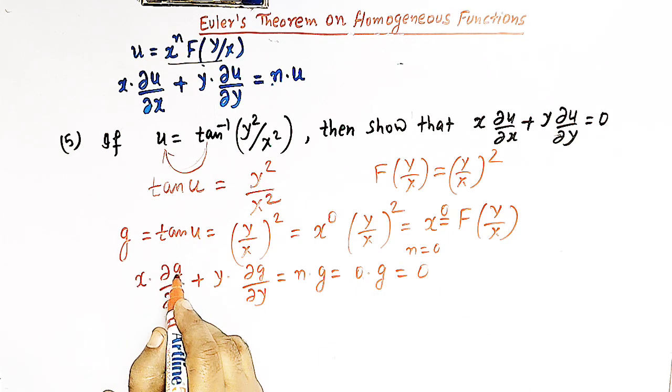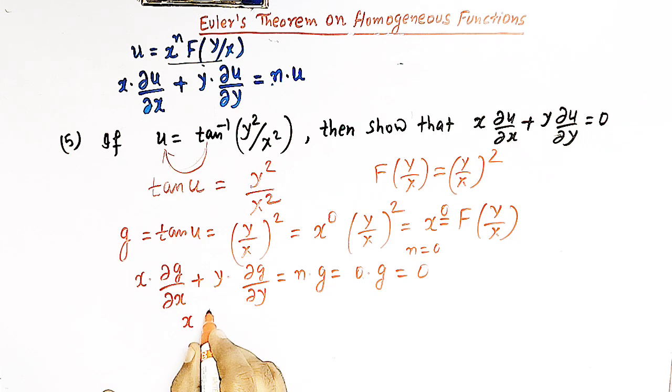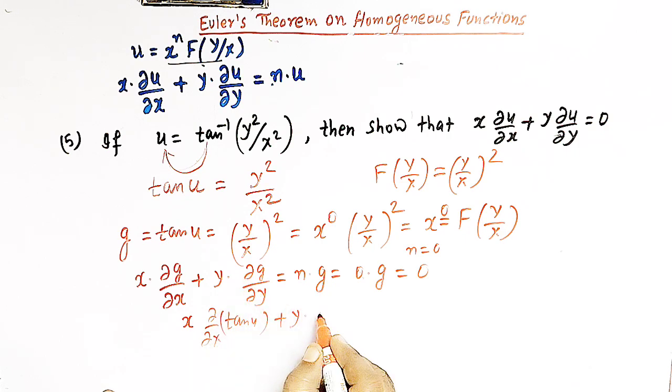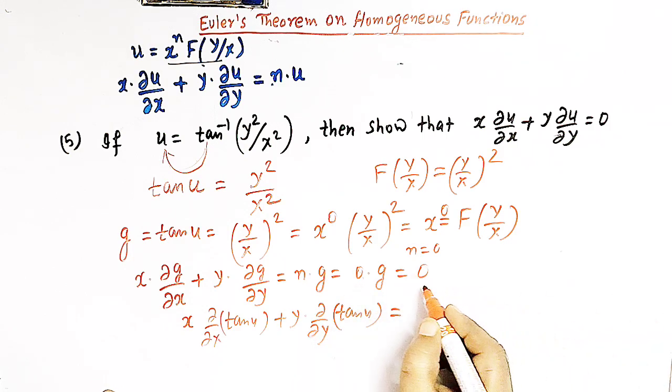So now taking g is equal to tan u, we can now write x del over del x of tan u, and here we have y times del over del y of tan u, and in the right hand side we have 0.